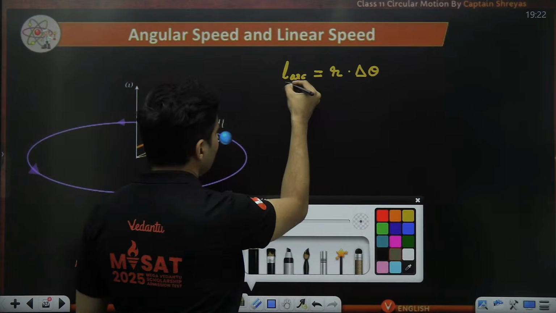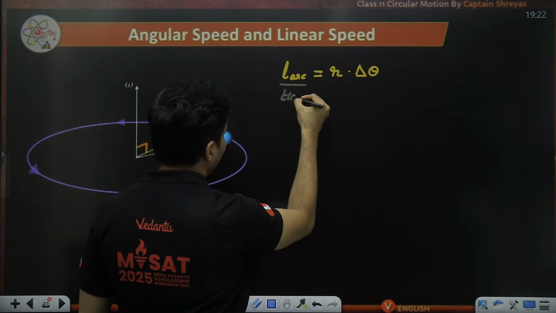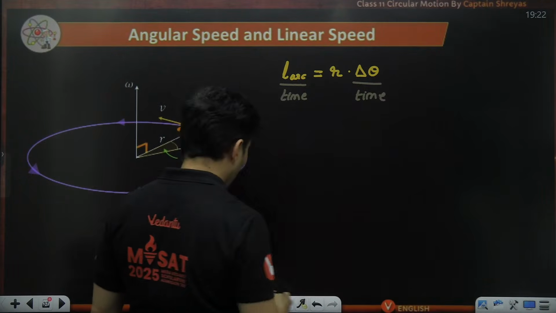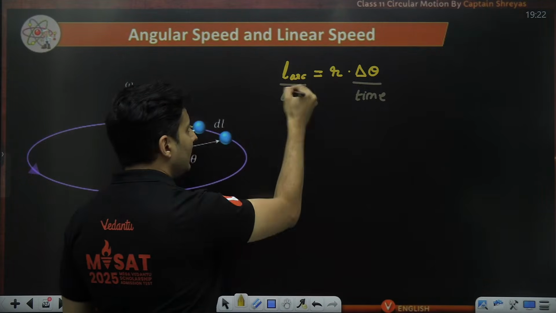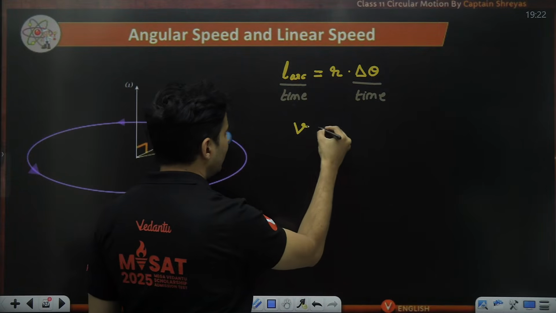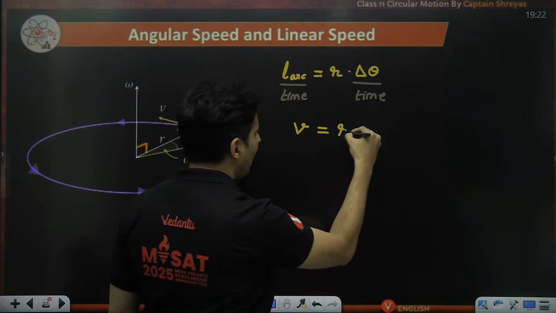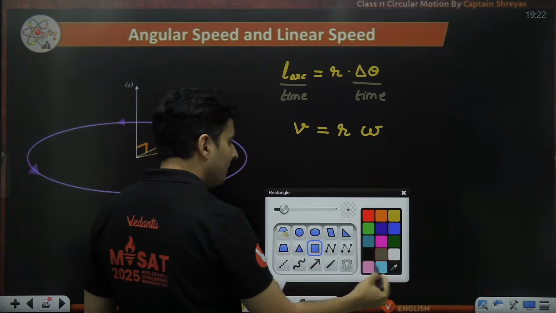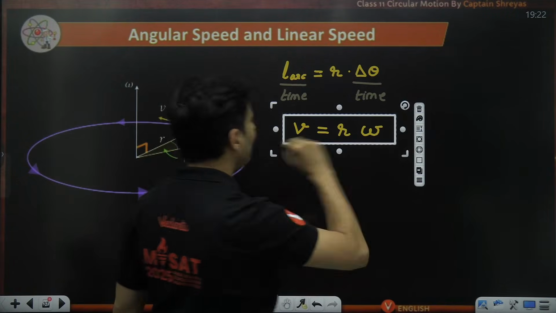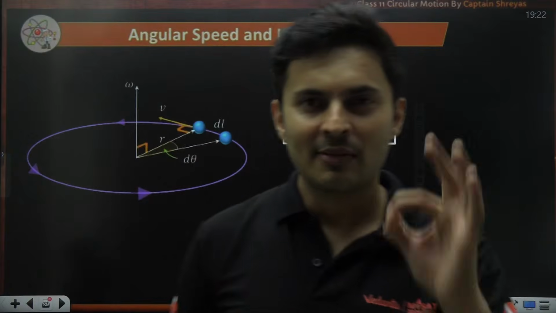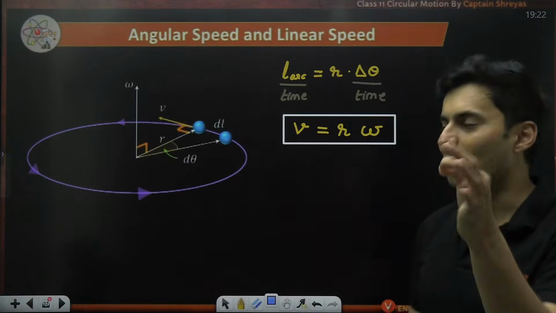What happens if I divide this with time and the right hand side also with time? What are you going to get? Length by time. How much distance I'm covering per unit time? That's your normal velocity. This is r, and this is nothing but your angular velocity. That's it. v is r omega.